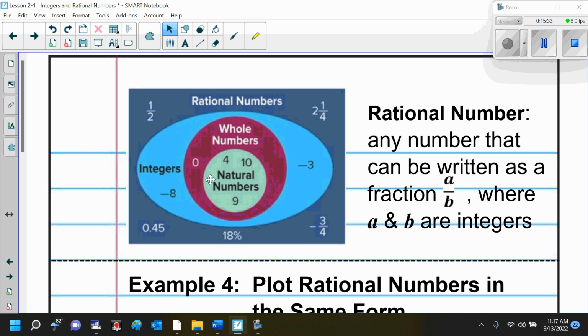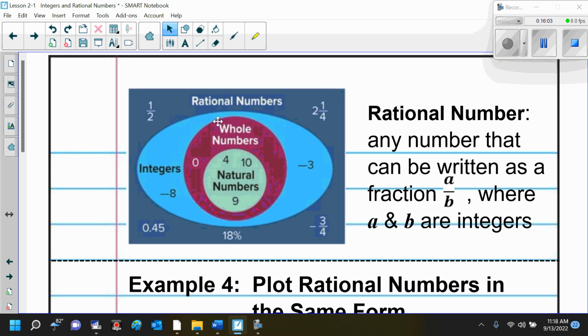For integers, do you see the oval for the integers is also in the rectangle for the rational numbers? Does everybody see that? So that means that integers are also rational numbers. Does everyone see that the whole number circle is in the integers oval, which is in the rational numbers rectangle?